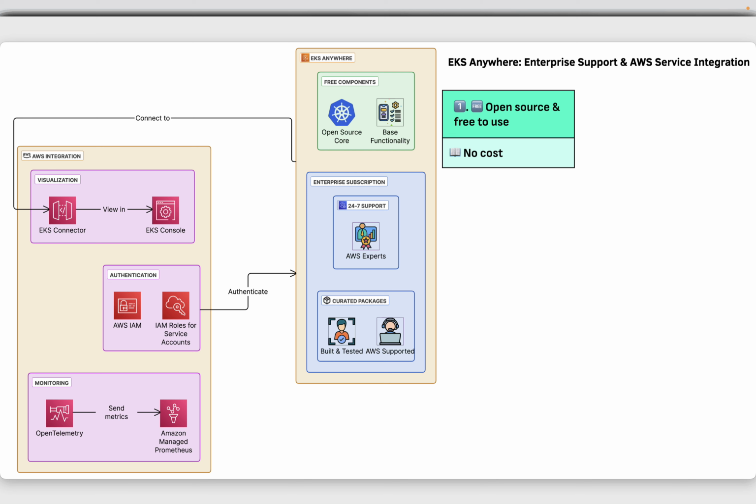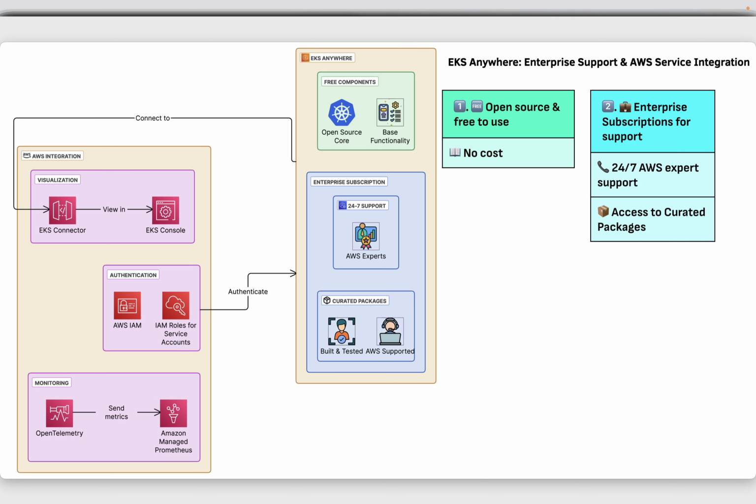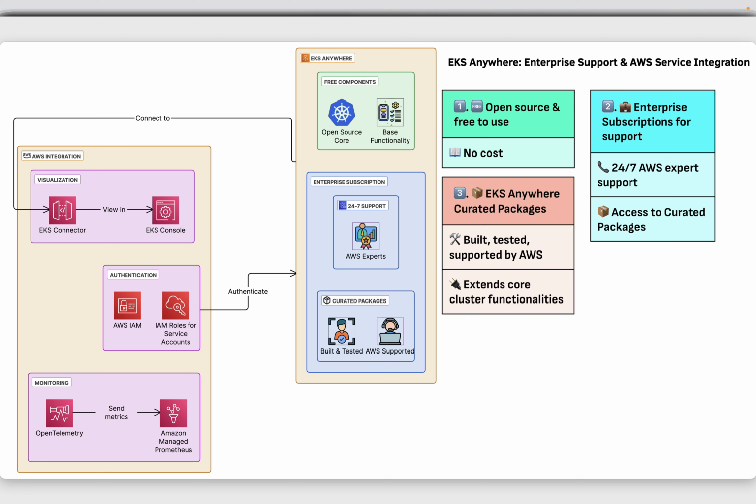Amazon EKS Anywhere is open source and free to use at no cost, thus requiring no licensing fees. Users can purchase enterprise subscriptions to access 24/7 AWS expert support and gain access to AWS built, tested and supported EKS Anywhere curated packages.